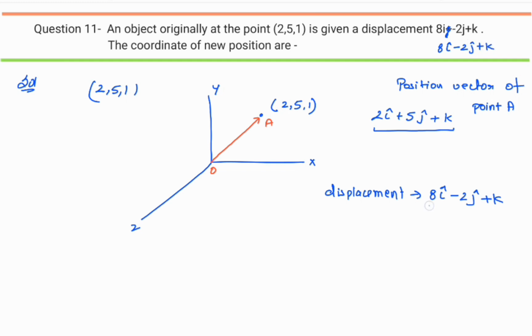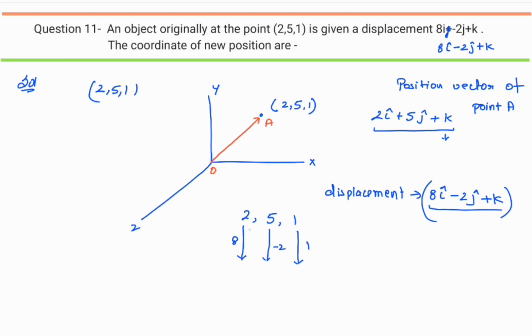Okay, this is a displacement. We have displaced this point by these values. Here the point was given as 2, 5 and 1. And how much displacement have we made? We have displaced 2 by 8 units, displaced 5 by minus 2 units and displaced 1 by 1 unit.